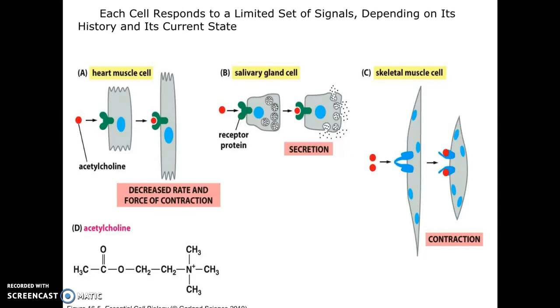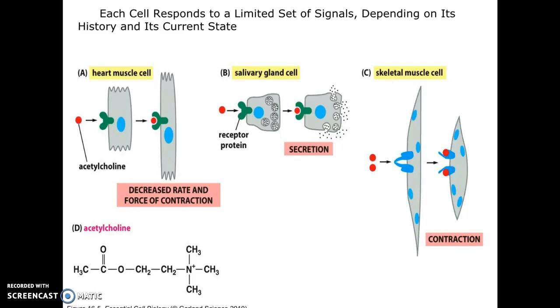An example of that is here, acetylcholine on muscle cells, on heart muscle cells, is going to bind to a metabotropic acetylcholine receptor, a muscarinic receptor, and it's going to cause the relaxation of the cardiac muscle.